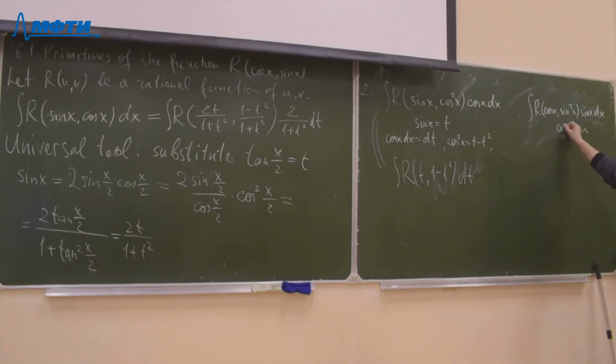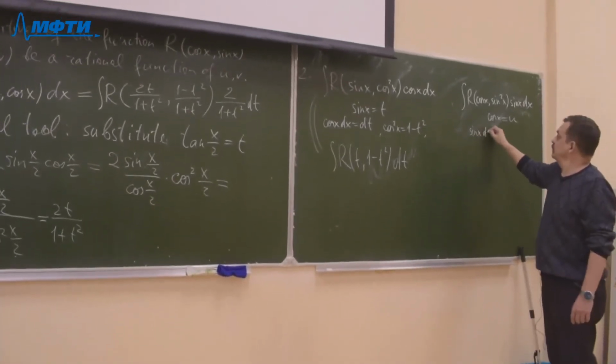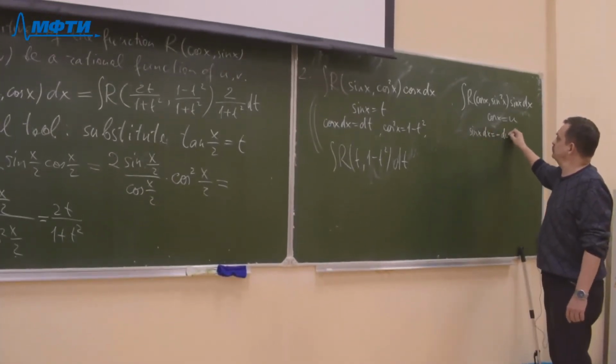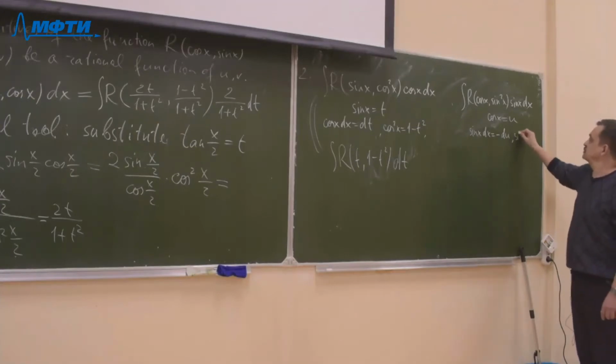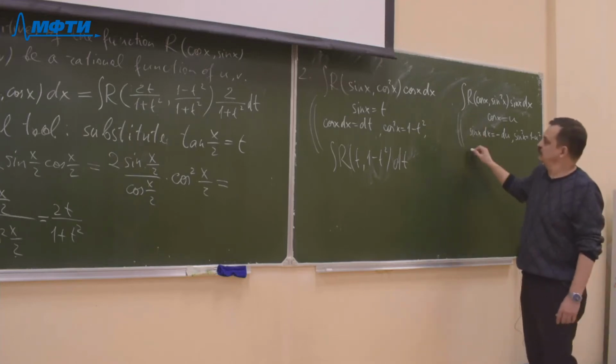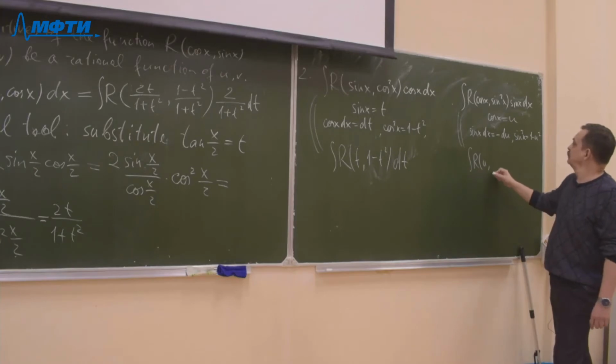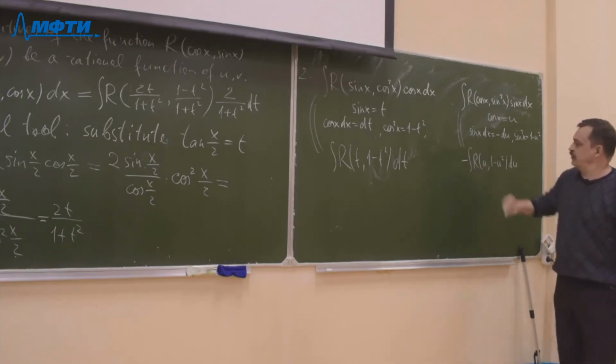Here it's analogous, so sine x dx equals minus du. Sine squared x is 1 minus u squared, and after that this will be the integral of r of u, 1 minus u squared, du, but with a minus.